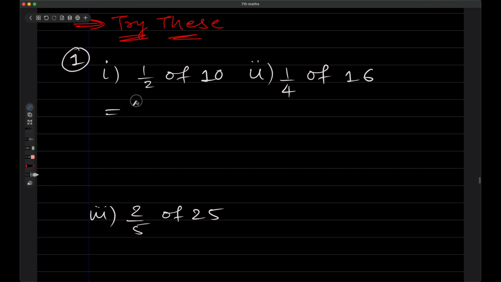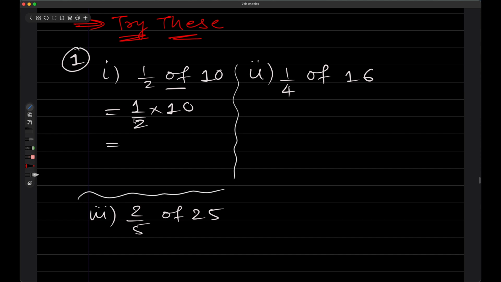So this is equal to 1/2. We can replace of by the multiplication sign, and that is equal to multiplication of a whole number by a fraction. We have to multiply numerator and denominator. That is 1 into 10 is 10 divided by 2, and 10 by 2 is 5.